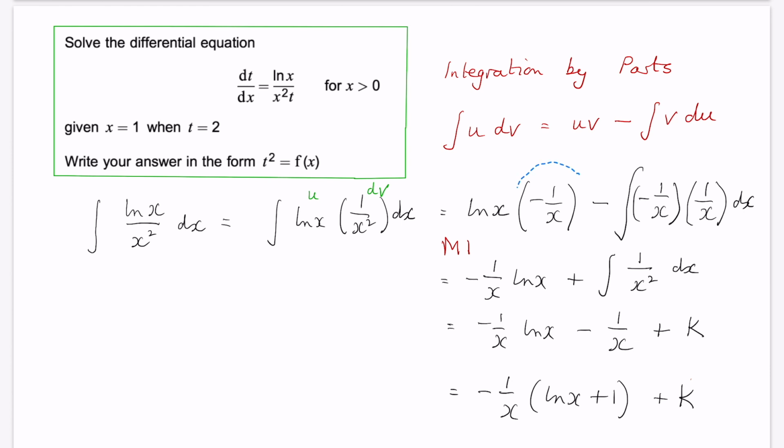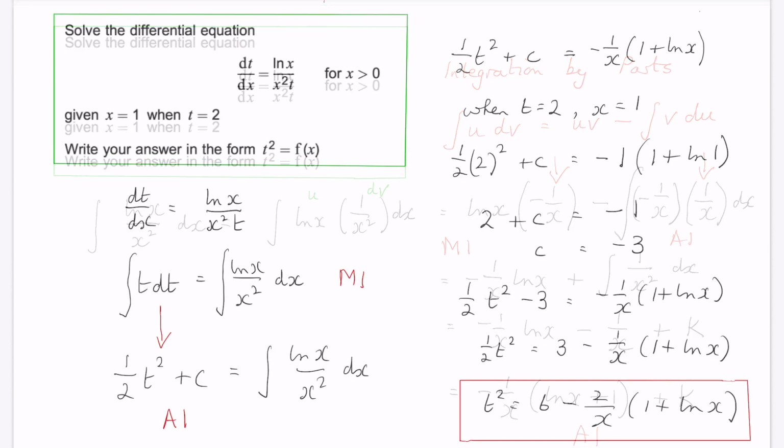It is for getting the integral of 1 over x squared as minus 1 over x, and for getting the derivative of log x as 1 over x. And so the accuracy mark comes for those two parts there and there. And the final accuracy mark comes for the answer minus 1 over x into log x plus 1. It doesn't matter if you miss a constant off at that point. So there are 3 marks altogether for that section, the integration by parts.